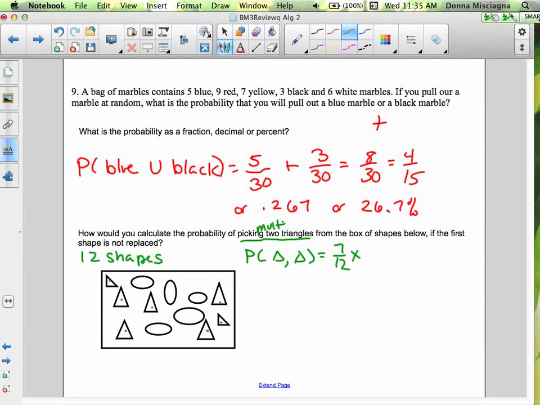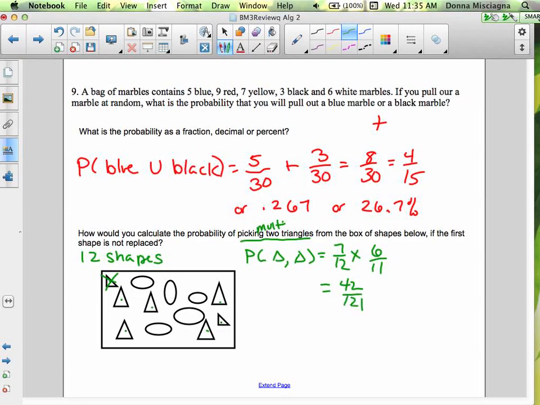If I take out a triangle and I don't put it back, I don't have 7 triangles anymore. I only have 6 triangles. And I don't have 12 shapes. I only have 11 shapes. All right, so now we just multiply our 2 probabilities together, and that would be 42 out of 121.